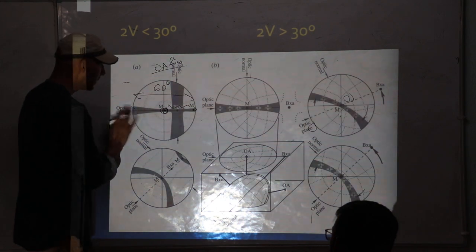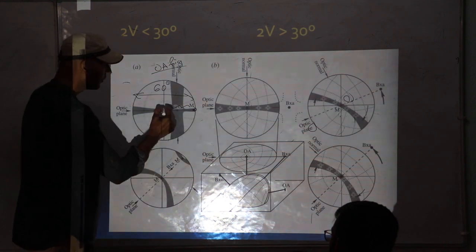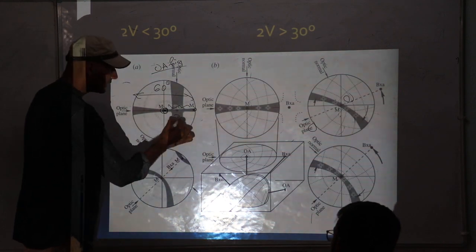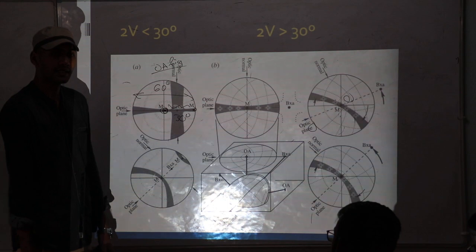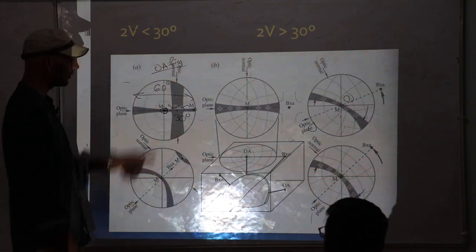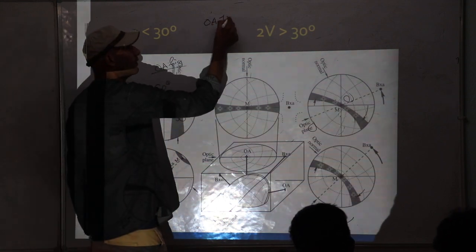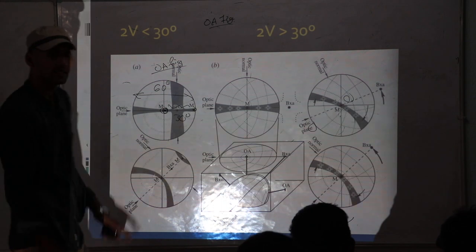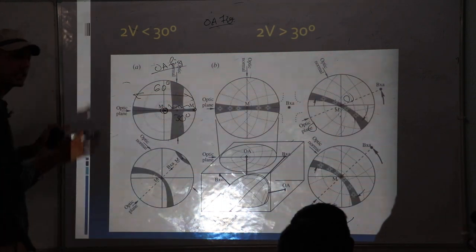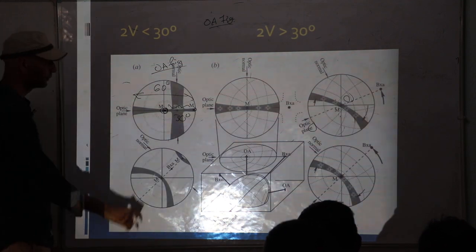That means this part is omitted. You can view the next melatope within this much distance, which is 30 degrees. If 2V is less than 30 degrees, you can see both the melatopes in the optic axis figure. In the case of the acute bisectrix, it is within 60 degrees; in the case of the optic axis, it is within 30 degrees.